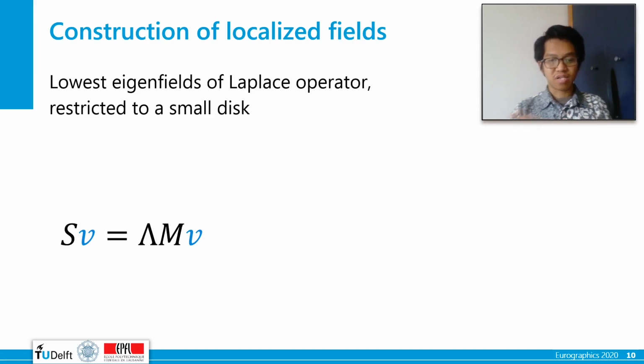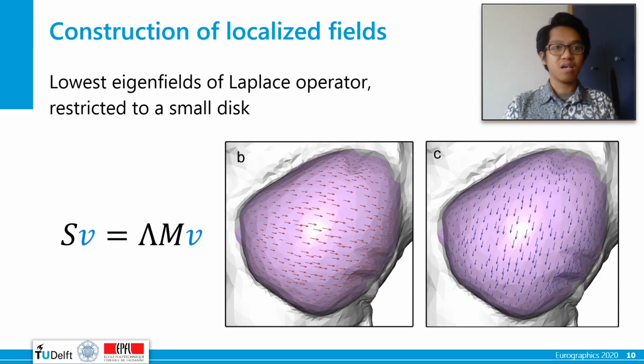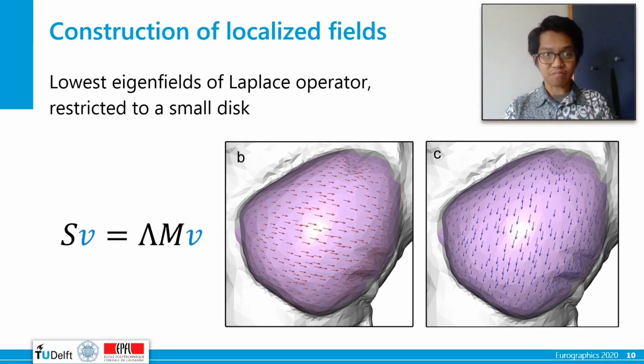One thing that we need to note here is that the eigenvalue problem is only defined on the region. And the region is small, and we don't need to solve on the whole surface. The minimizer of this problem is not unique, but the lowest eigenspace is two-dimensional.